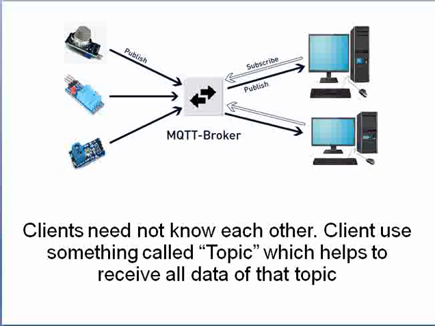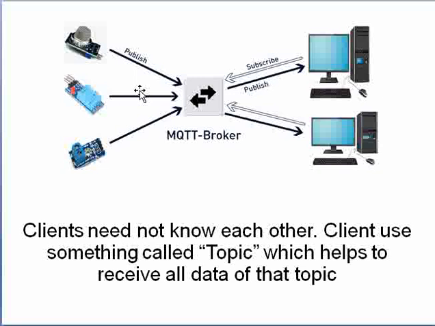And one important point here is we have been talking about these clients where clients communicate over MQTT, right? So clients can be publishers, clients can be subscribers as well. They need not know each other. How they subscribe to the data is using something called a topic.